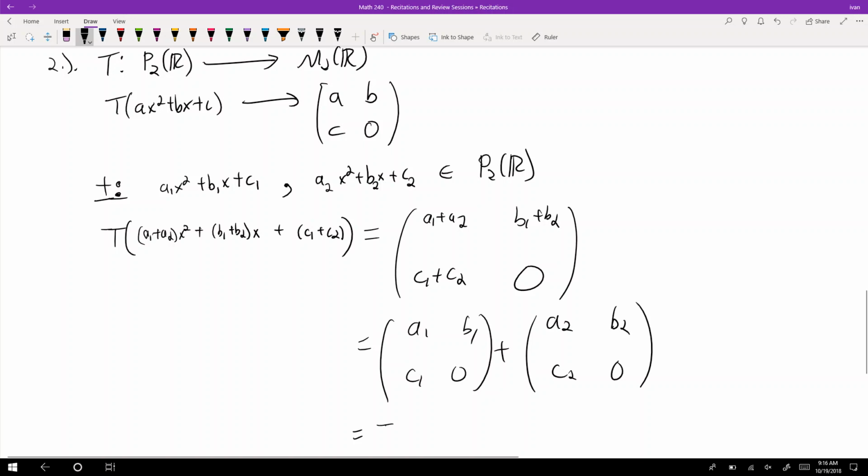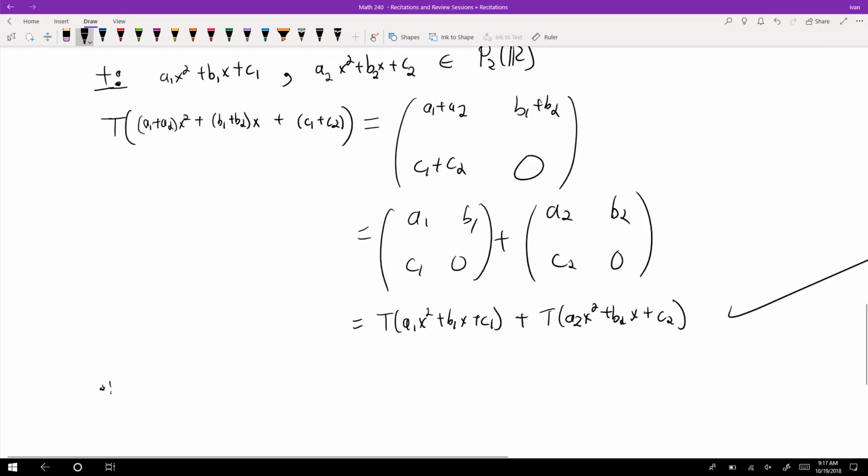Yeah, T of the first polynomial, a1x squared plus b1x plus c1, and then [a2, b2; c2, 0] would be T of the second guy, a2x squared plus b2x plus c2. Okay, so that's closed under addition.